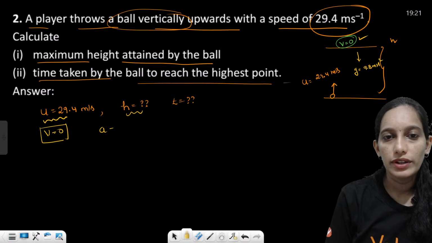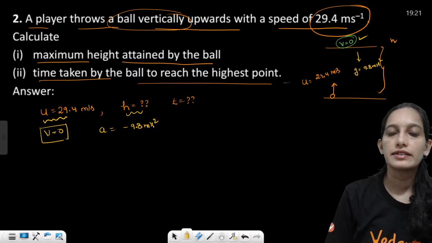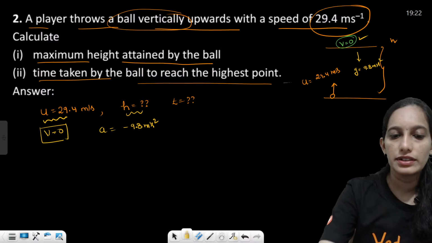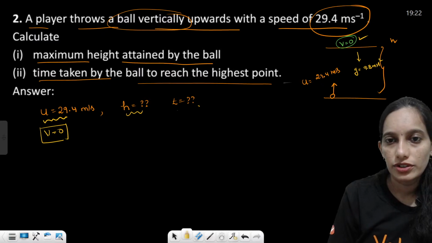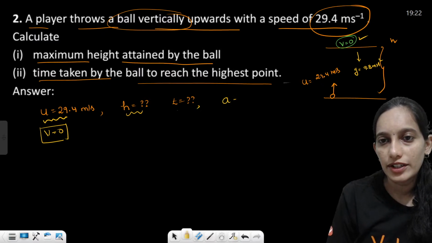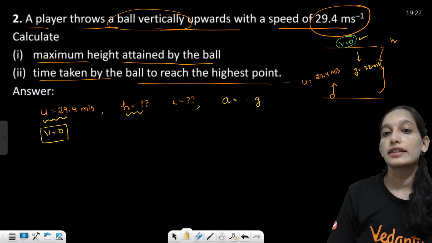So a is equal to minus 9.8 meter per second square. So this is what we are supposed to consider. Acceleration here is minus j, because it acts downward.